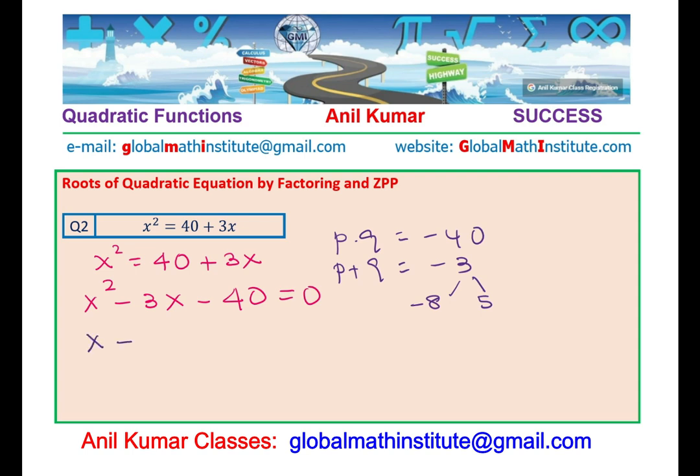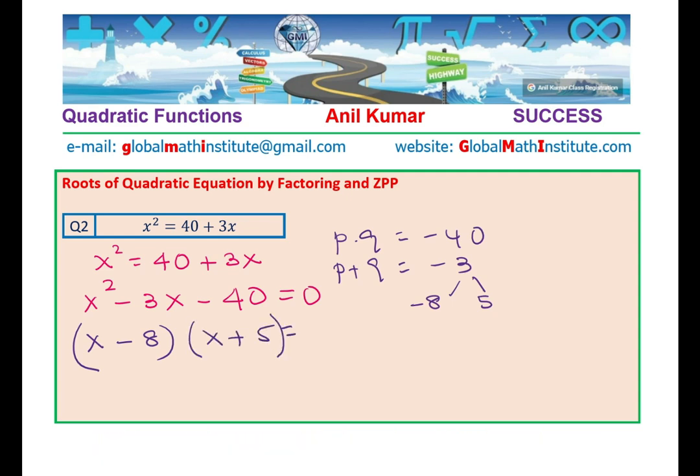Therefore, we can write this as x minus 8 times x plus 5 equals 0. So two factors are there. We need to now find the solution. We equate them to 0: x minus 8 equals 0 and x plus 5 equals 0. We get the solutions x equals 8 and x equals minus 5. That is how you quickly get the solution for the equation.